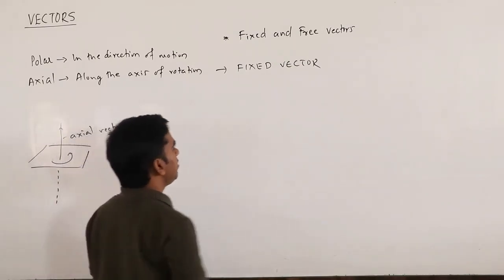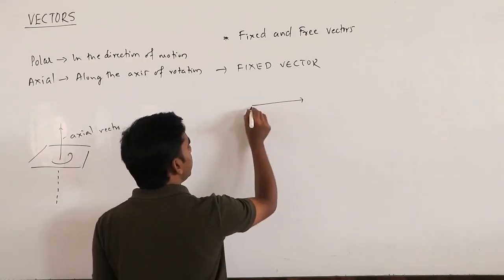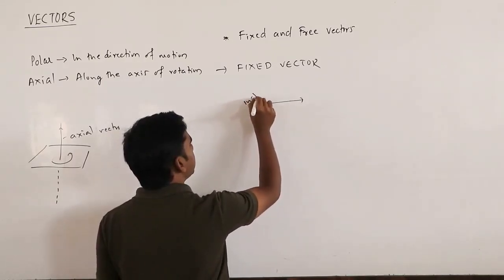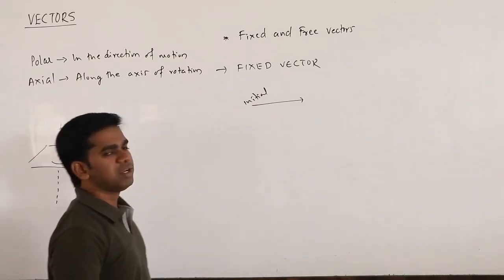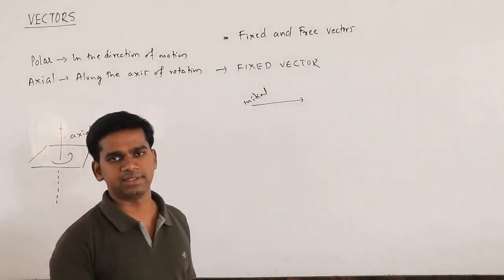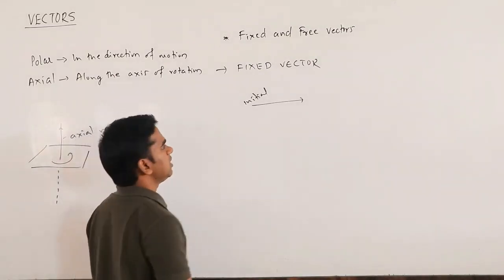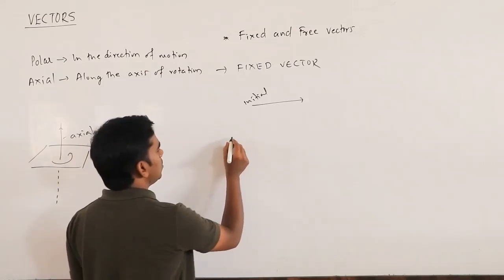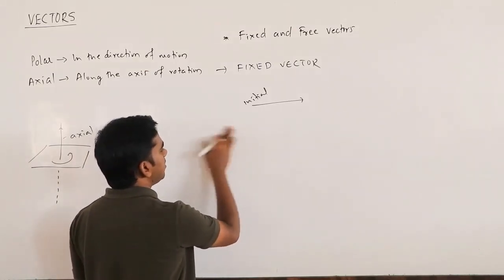If you take a vector, you can say this is the initial point. A fixed vector is one whose initial point or starting point is fixed. Let me write the definition.